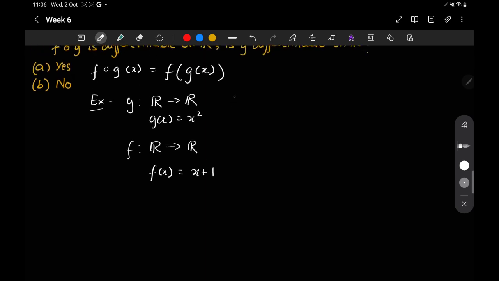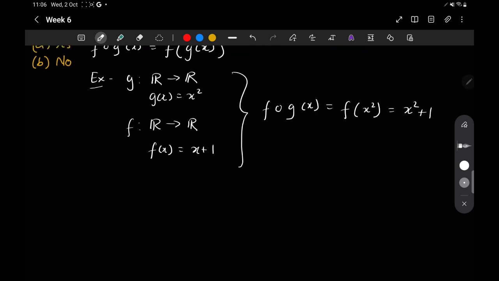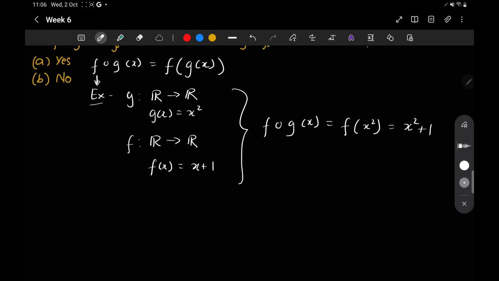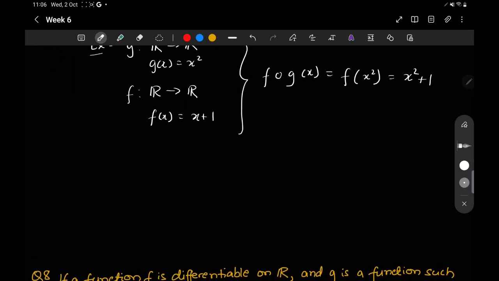Now the composition of the function FOG of x is going to be, first you apply g of x, so f of g of x is x squared, and now f will just add 1 to that number, so this is going to be x squared plus 1. So this is an example of composition of functions I was trying to show.